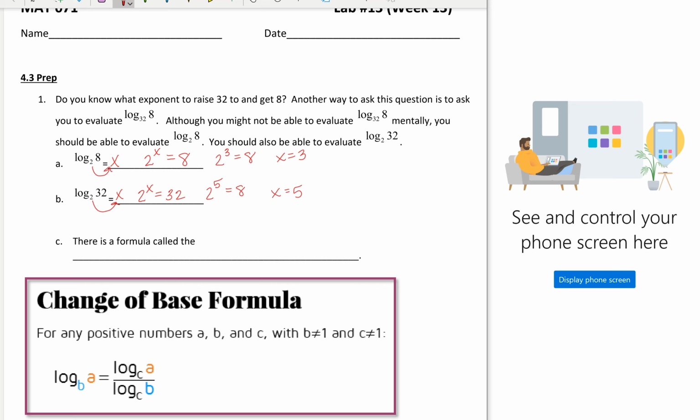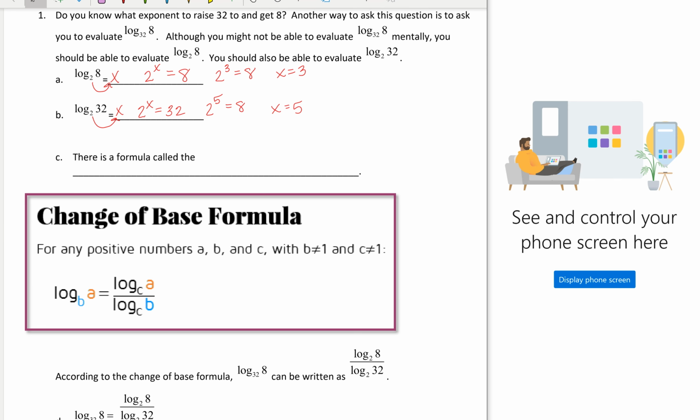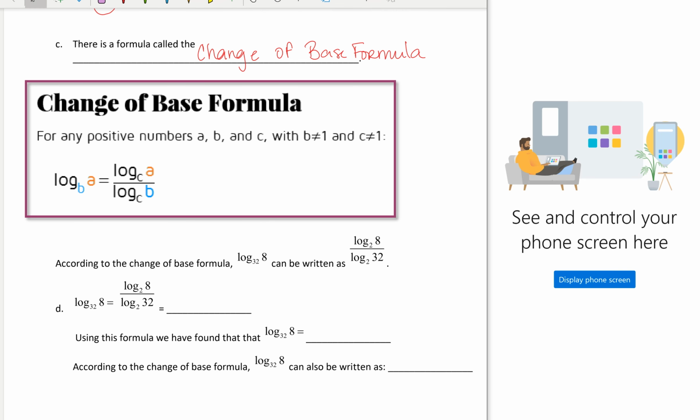Okay, there is a formula called the change of base formula, which, as you can see below. And I showed this to you pretty briefly in the previous week's lesson.